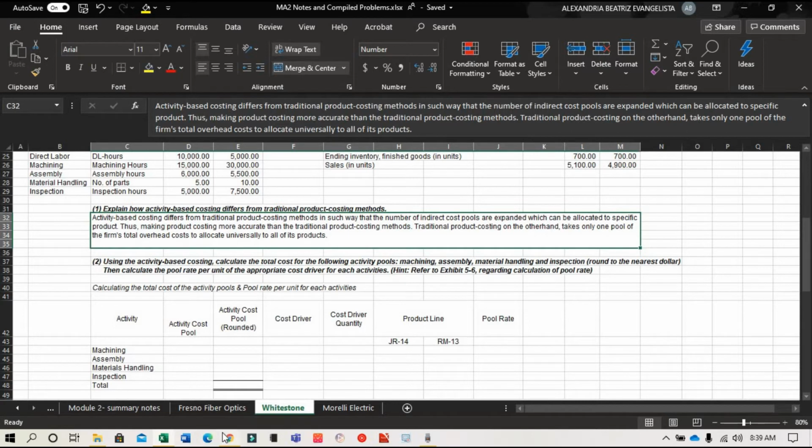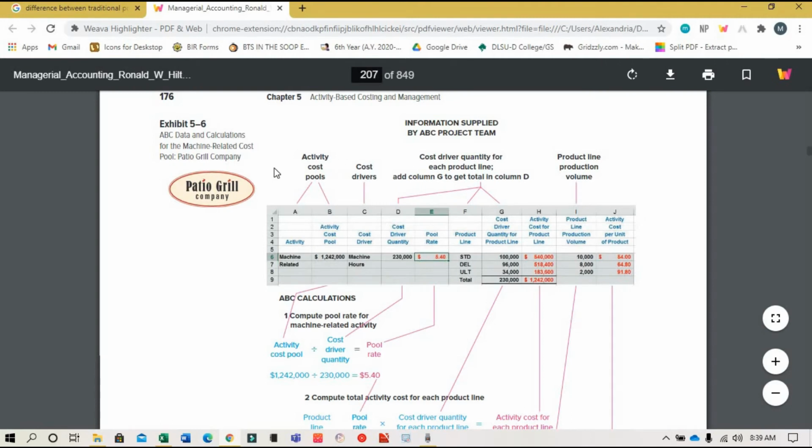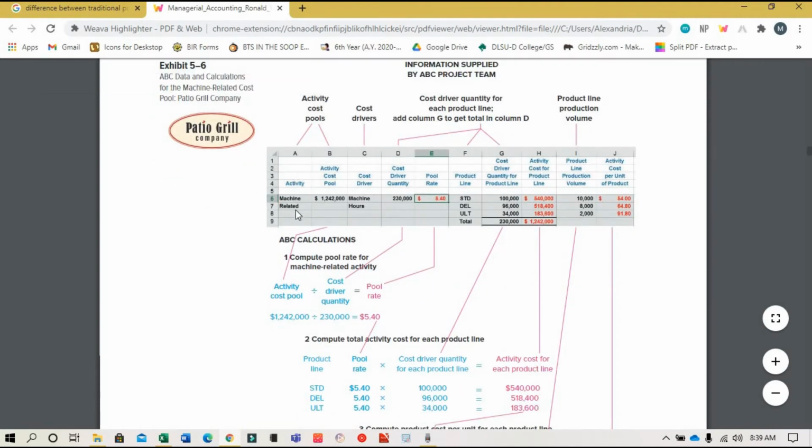If we look at Exhibit 5-6, it looks like this. We have a column for the activity, a column for the cost pool, a column for the cost driver, and then the cost driver quantity, and that's how we calculate the pool rate. Basically, we just divide the activity cost pool by the cost driver quantity for each activity, and then we get the pool rate.